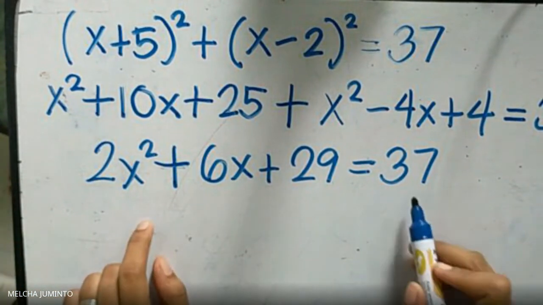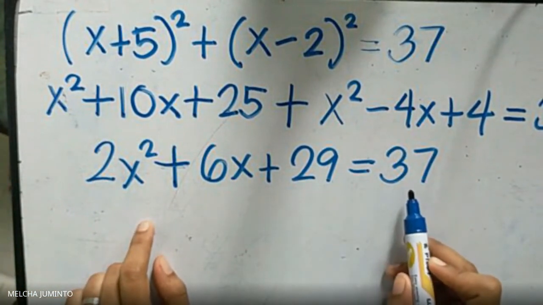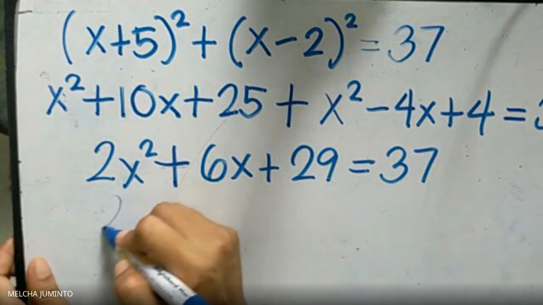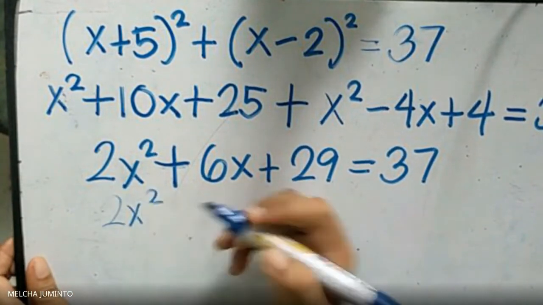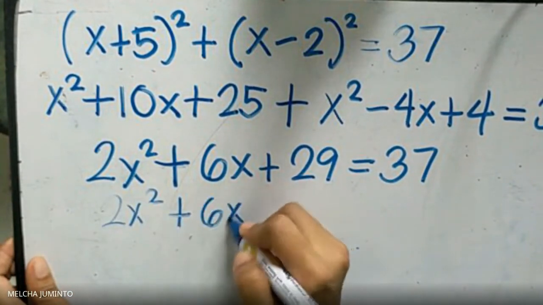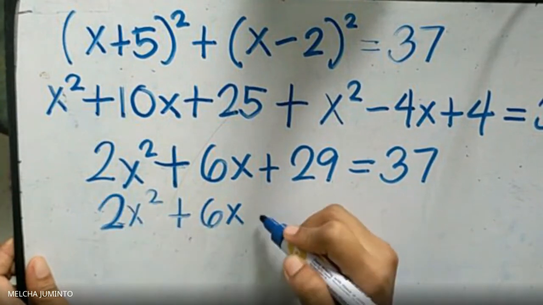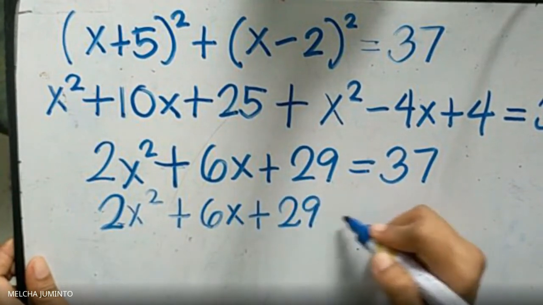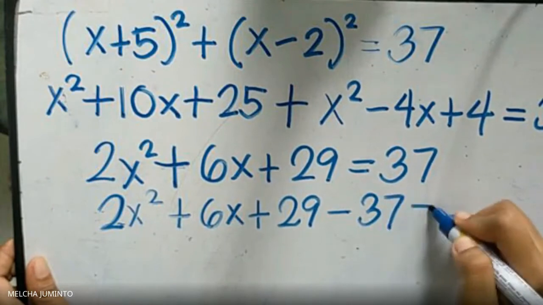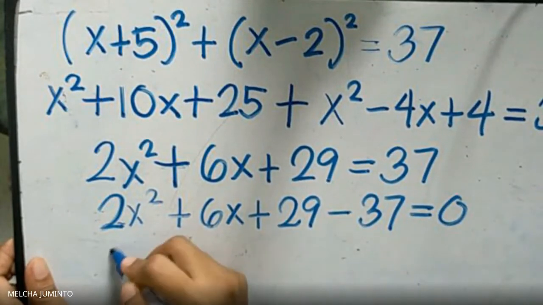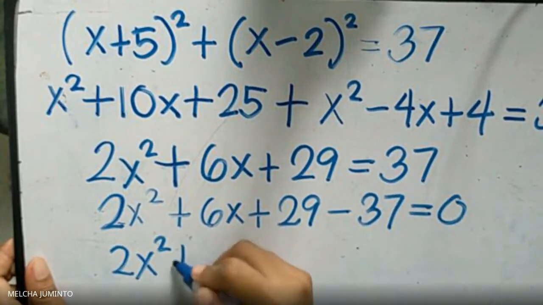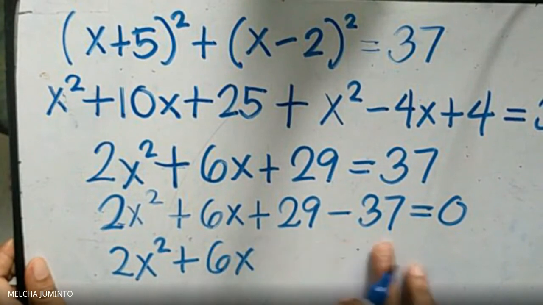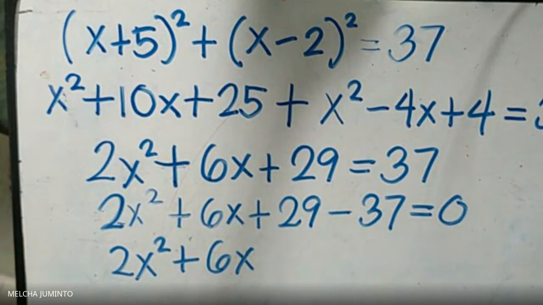Next, we transfer 37 from right to left. So we write 2x squared plus 6x plus 29 minus 37 equals 0. Continue. We have 2x squared plus 6x. We will now combine 29 and 37 by subtraction.